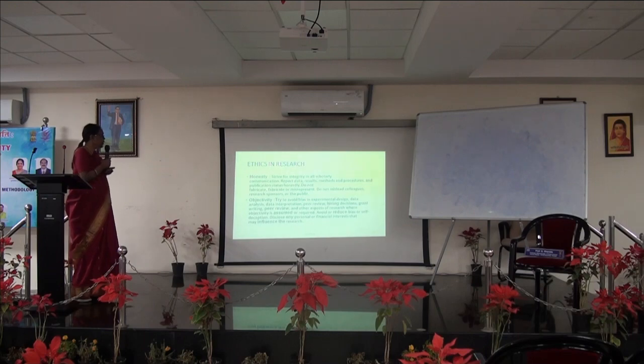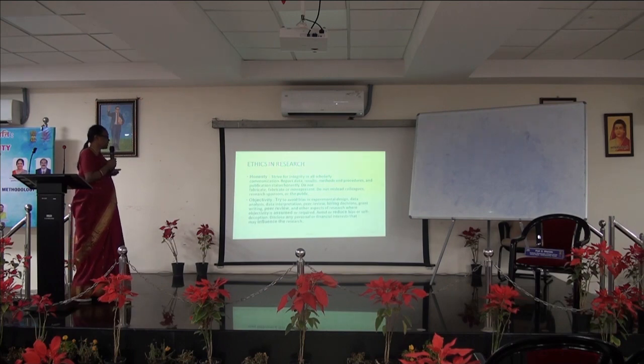Objectivity. Try to avoid bias in experimental design, data analysis, data interpretation, peer review, hiring decisions, grant writing, and other aspects of research where objectivity is assumed or required. Avoid or reduce bias or self-deception. Disclose any personal or financial interest that may influence the research.